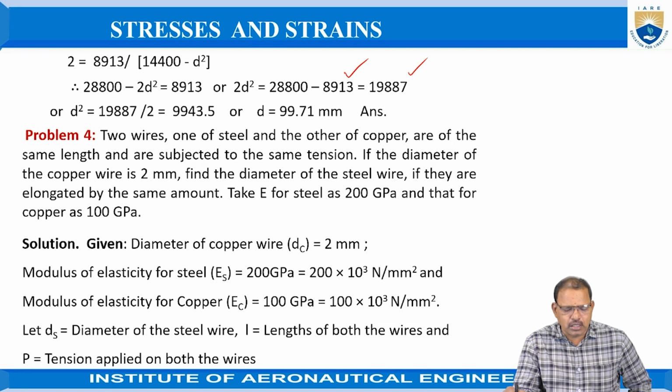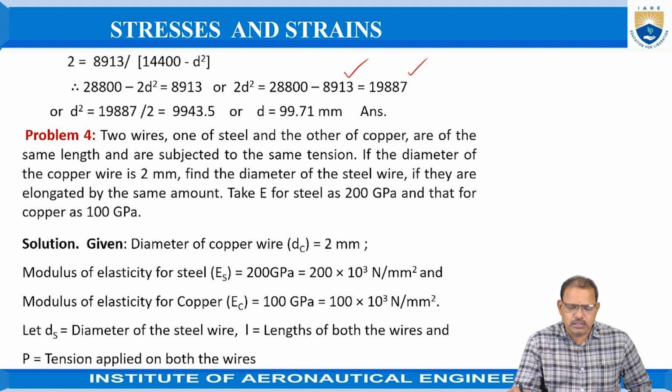So d is equal to under root of 19,887 divided by 2. Hence we got the value d is equal to 99.271 mm.